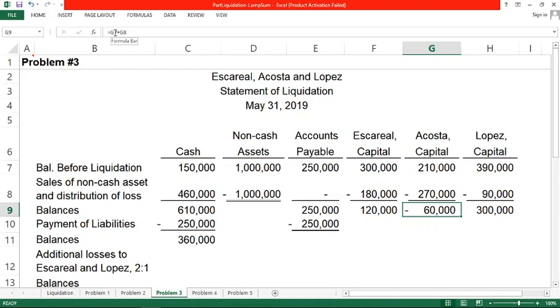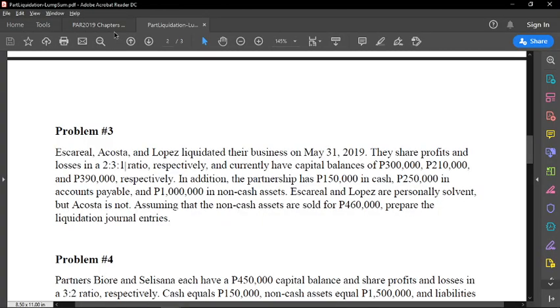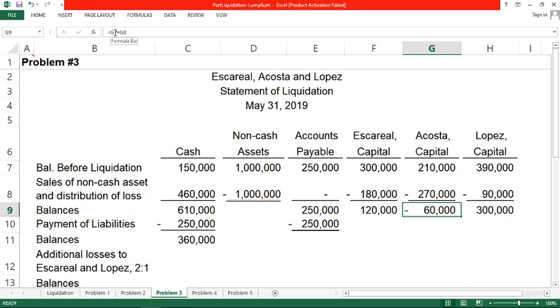Supposedly, Acosta is gonna invest additional 60,000 to cover his negative capital balance account. But the problem states that Acosta is not solvent. So pasabot, wala na gyud siya ikadungag. Wala na gyud mapuga sa iyang personal assets.